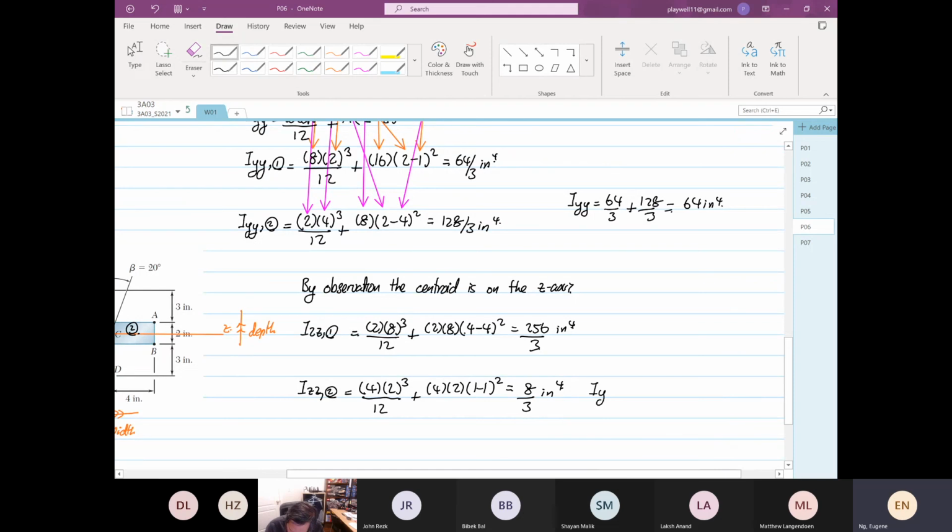And then IZZ is equal to 256 over 3 plus 8 over 3, so 256 over 3 plus 8 over 3 is equal to 88. So we found our IYY and IZZ.